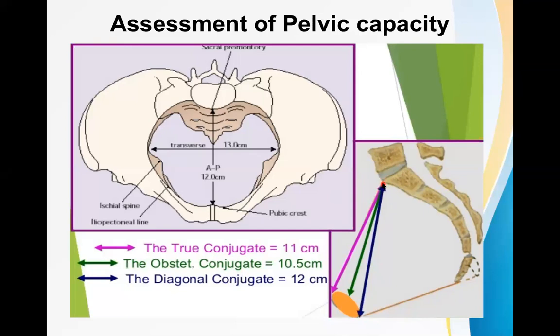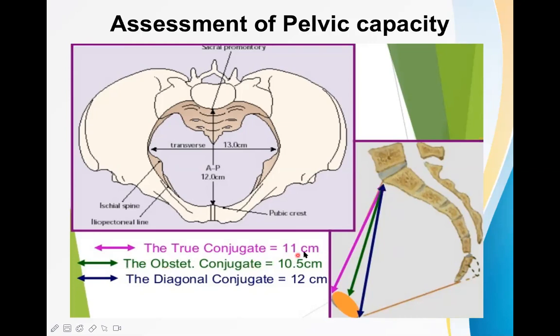Now, if you analyze them properly, these are the diameters of the pelvic inlet. The baby has to cross this part, then only the head or the presenting part will enter into the pelvic cavity. So these are the diameters of the pelvic inlet.